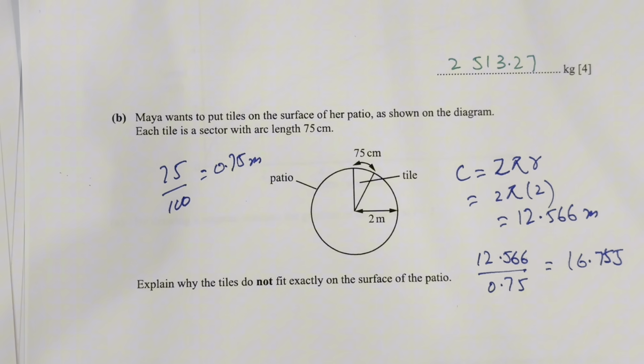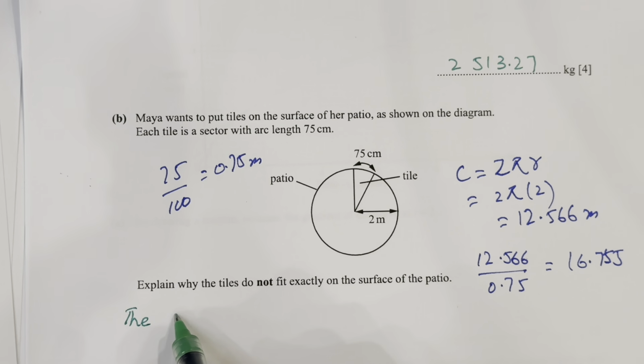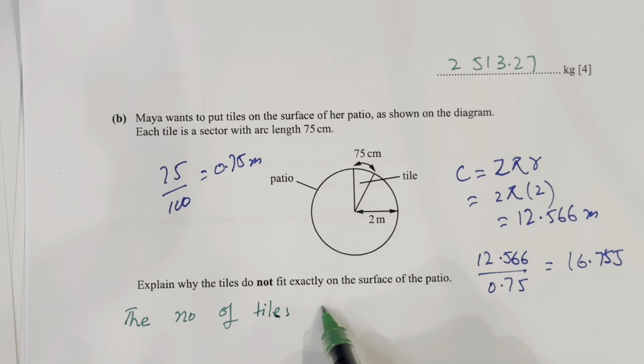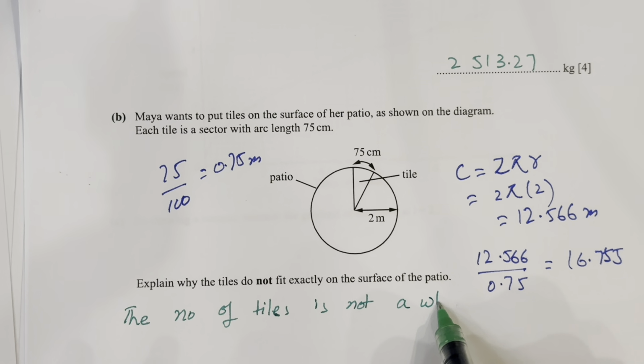If the answer would be a whole number, it means the tiles were fitting exactly the circle. So we're gonna write that the number of tiles is not a whole number.